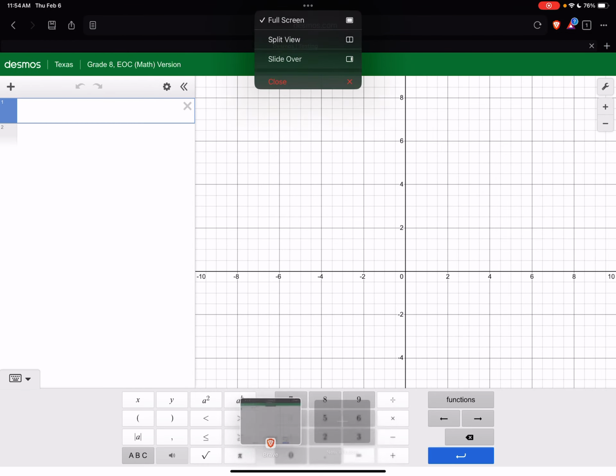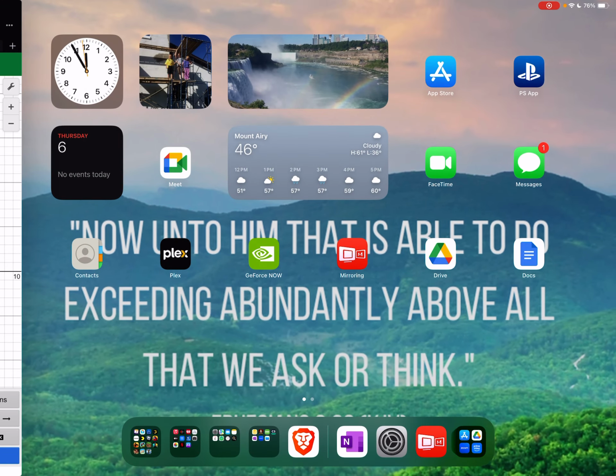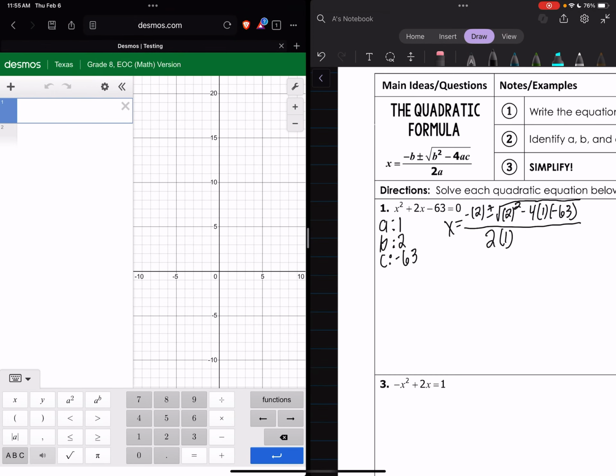All right, you have negative 2 on the outside, so what I'm typing in Desmos is just the inside of my radical, so I'm typing the radicand into Desmos. 2 squared minus 4 times a value times c value.